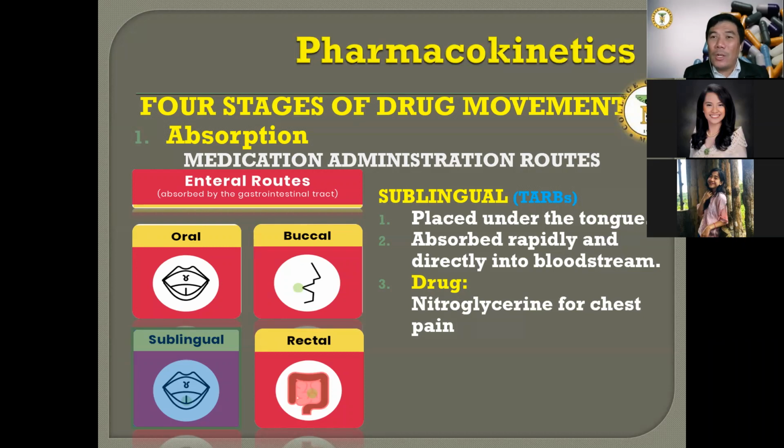On that note, nitroglycerin is given, and this is a vasodilator. This will dilate the blood vessel to facilitate the continuous flow of the blood, which we all know carries the oxygen, and the oxygen will be used by the myocardial cells. So that's why it is given under the tongue, which is sublingual.